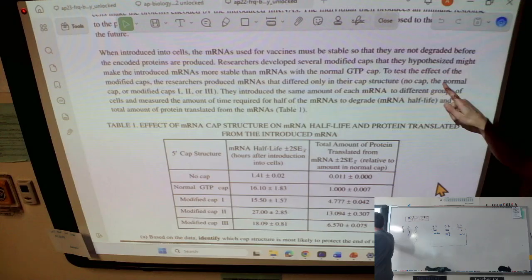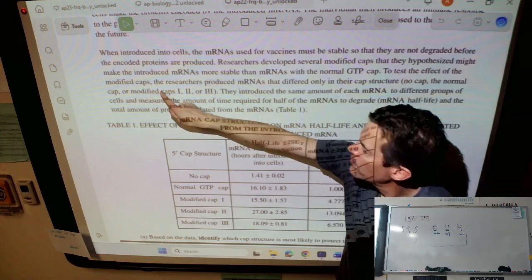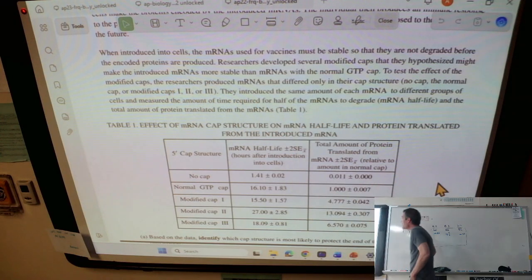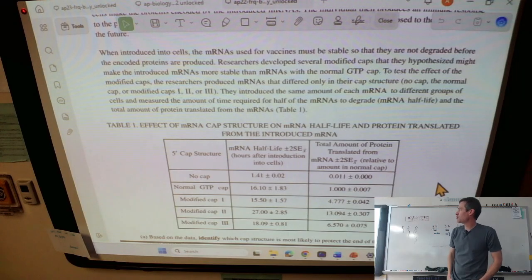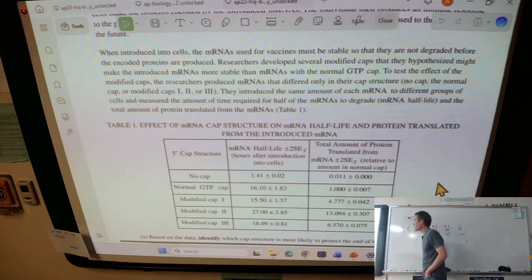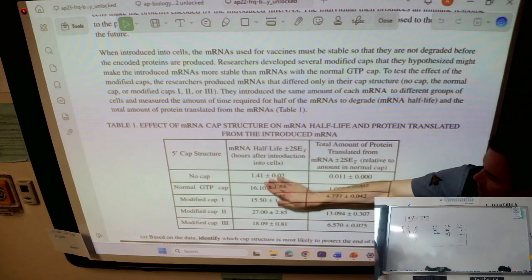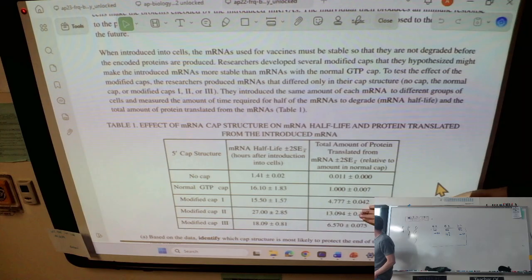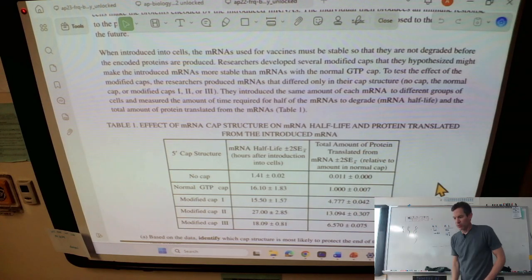These are all the different versions. They introduced the same amount of each mRNA to different groups of cells and measured the amount of time required for the half-life of the mRNAs to degrade. That's mRNA half-life. And the total amount of protein translated from the mRNA. Okay, so I have half-life, total amount of protein translated from the mRNA. All right, cool.